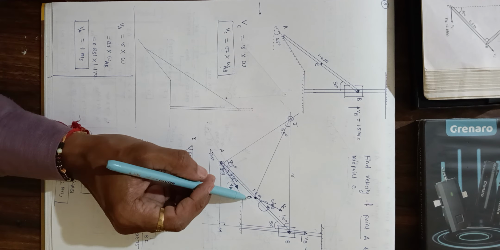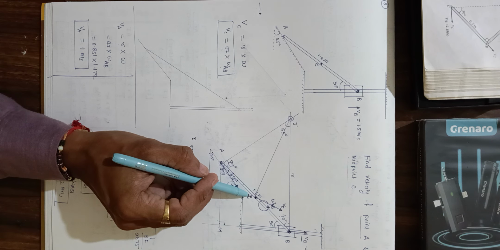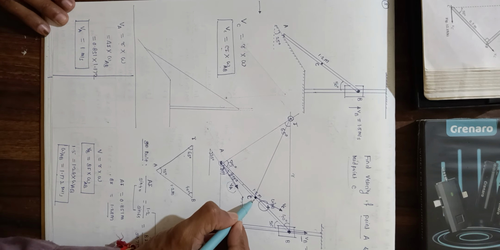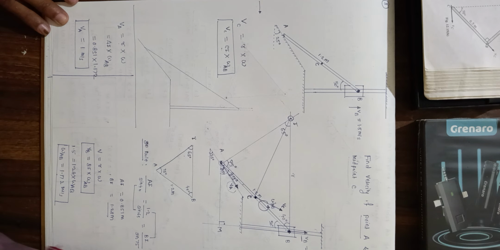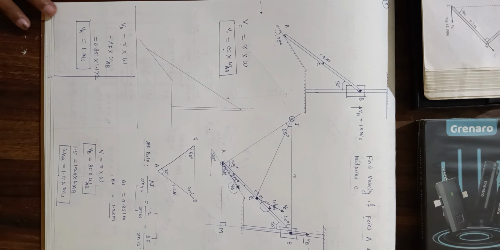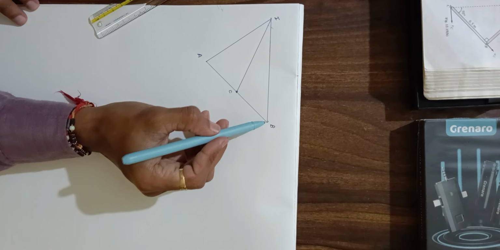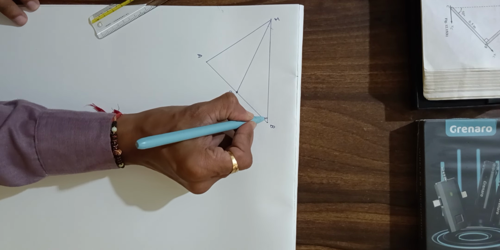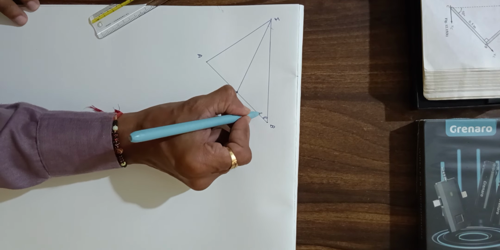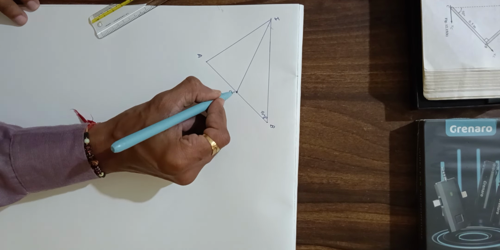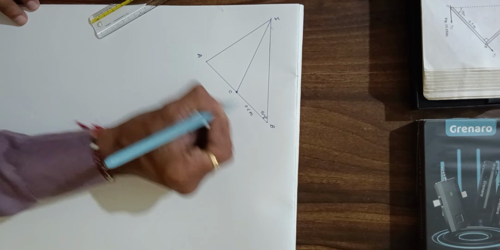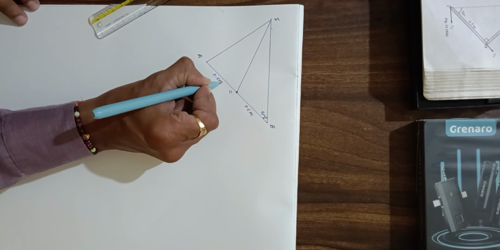To find this distance CI, we will use the cosine rule. If you consider the triangle BCI, then here angle B is 40 degrees. Distance BC is exactly half, so this is 0.6 meter and this is 0.6 meter.